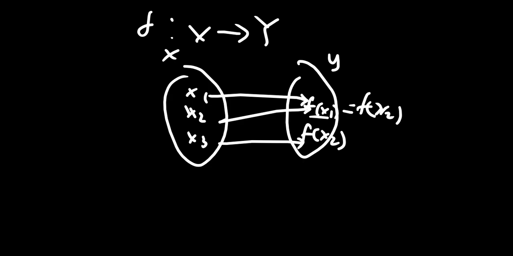So this shows me that this is many to one, since many of these points are mapping to only one. So this is a many to one function.